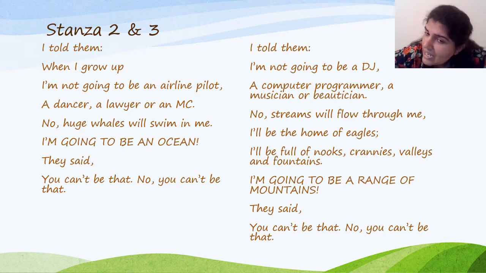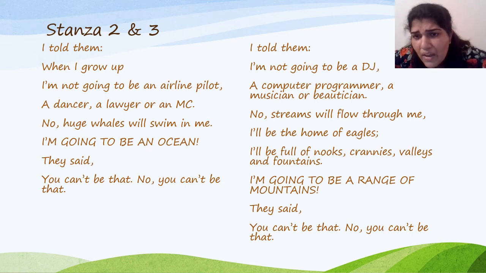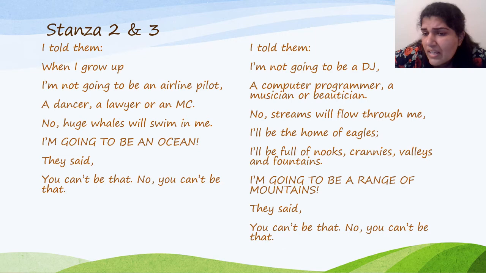So it seems that the child or the poet is a nature lover. We've got to understand that the poet is a nature lover, and he is very creative in his mind, and very artistic. He doesn't want to study science, law, or music, and he is not interested in fashion or beauty.